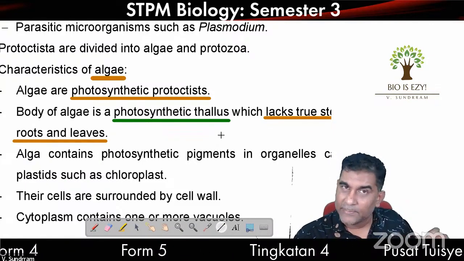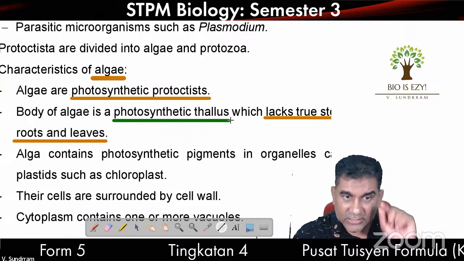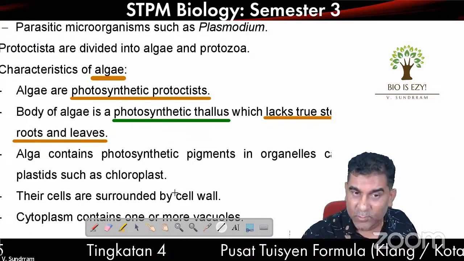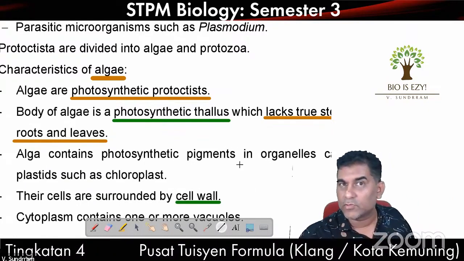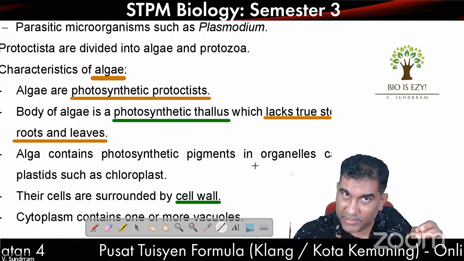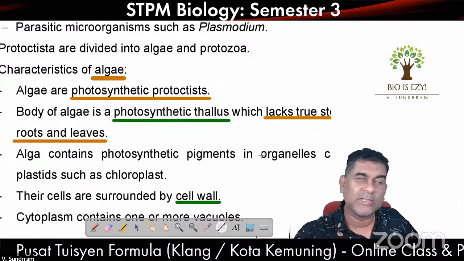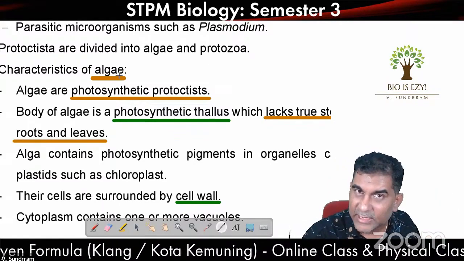They don't have stem, root, or leaf, but they can do photosynthesis. They have cell wall. Because they have cell wall and can do photosynthesis, they have plant characteristics, but you can't classify them as plant because they don't have tissue. So we put them under a group known as algae.